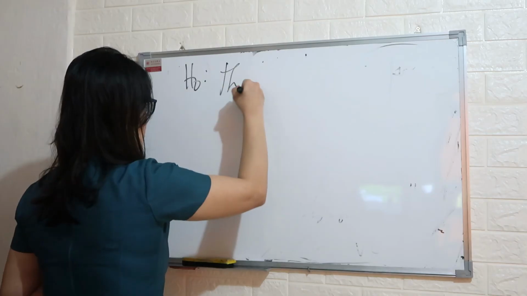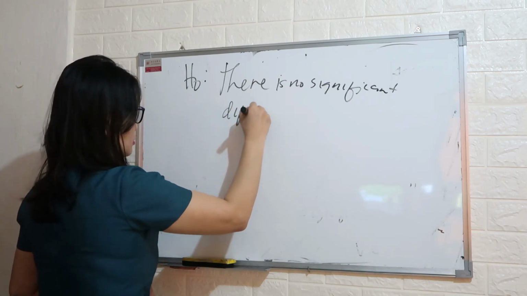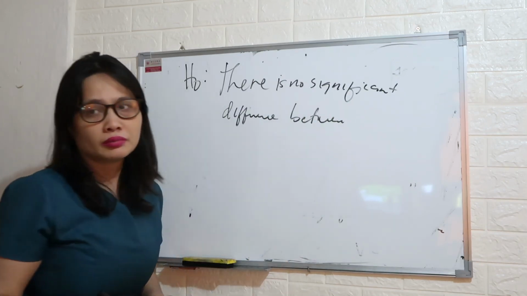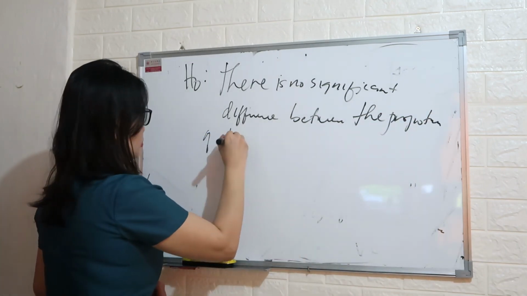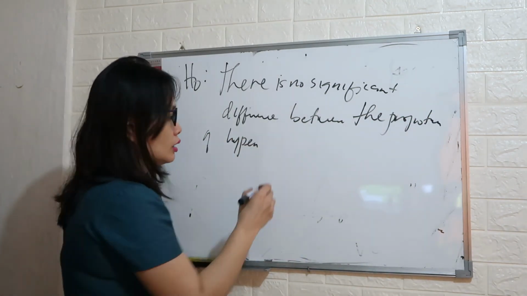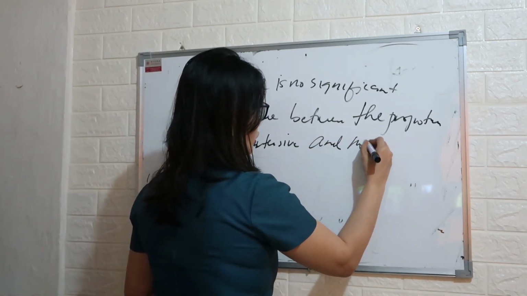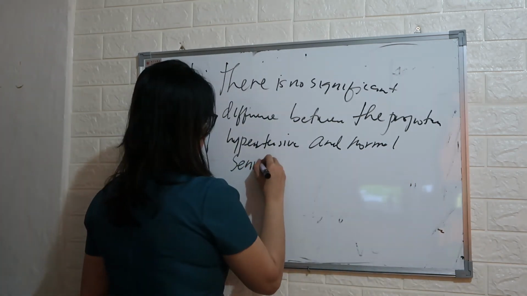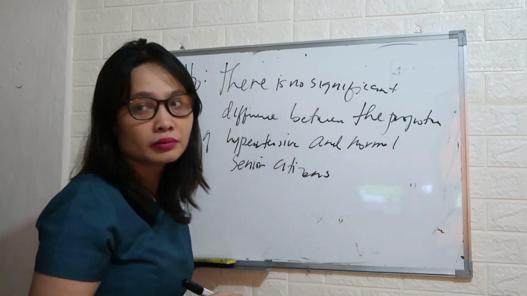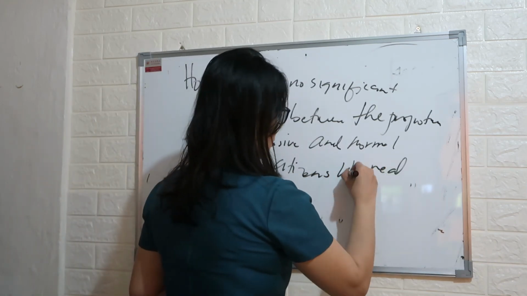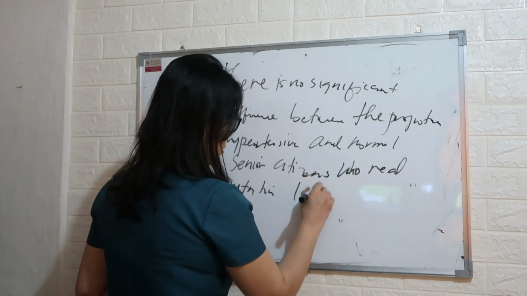So there is no significant difference between the proportion of hypertensive and normal senior citizens who read nutrition labels.